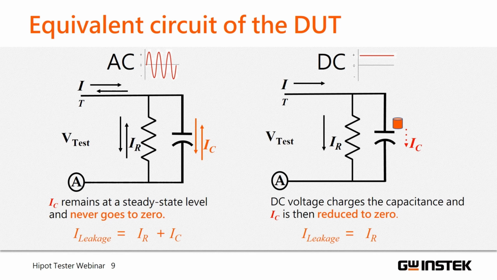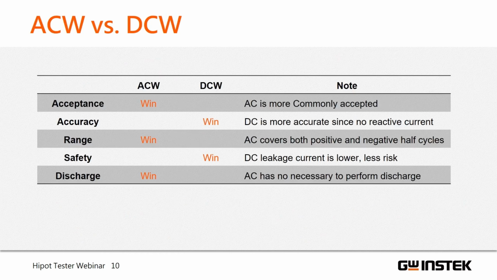Although the DC is more accurate, we cannot ignore the fully charged capacitor. It needs the discharge action to release the accumulated electric charge to ensure safety. We have created a chart to compare AC and DC test modes. AC mode is preferred for acceptance because it matches the actual electricity environment that is commonly accepted.